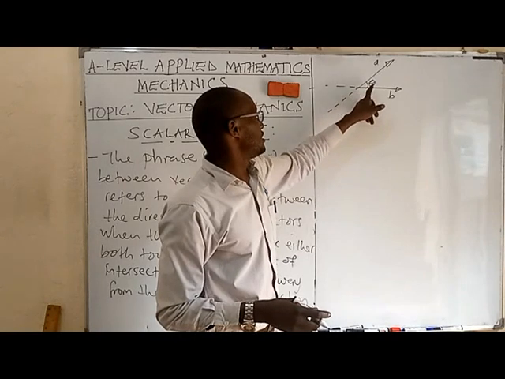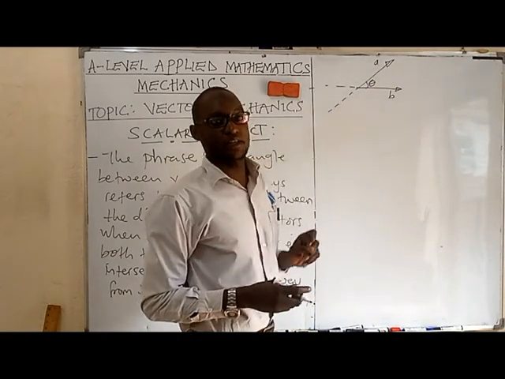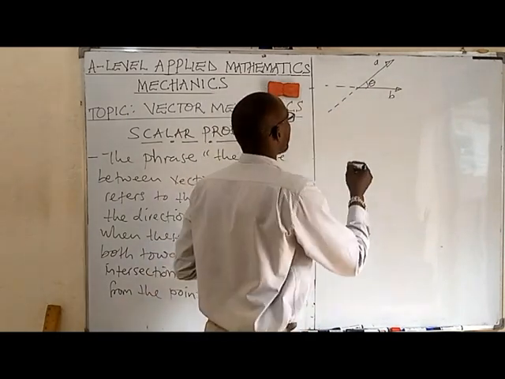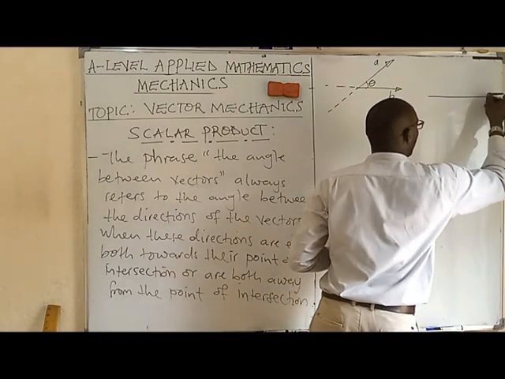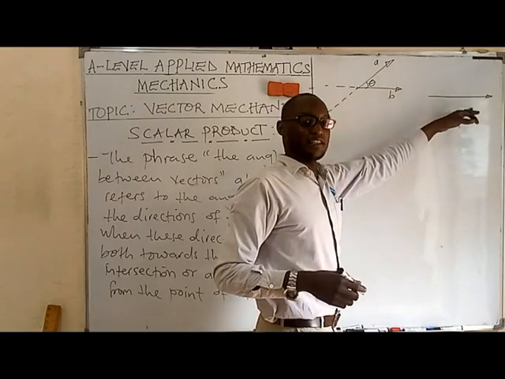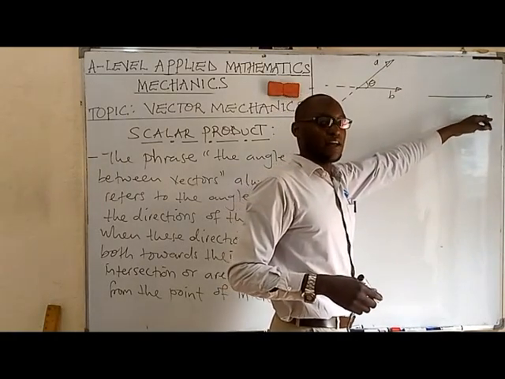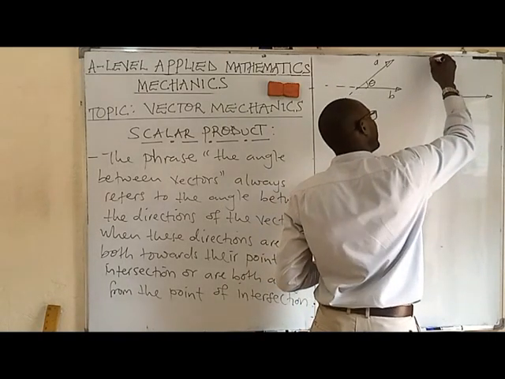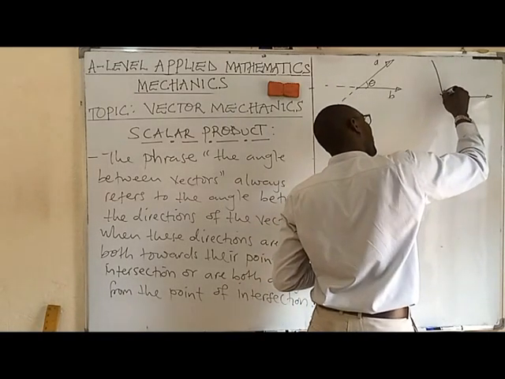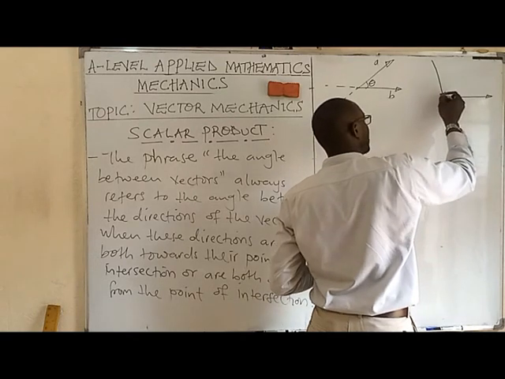Assuming you have a vector moving horizontally towards the positive x-axis, and at its extreme end, where it started, there is another vector.